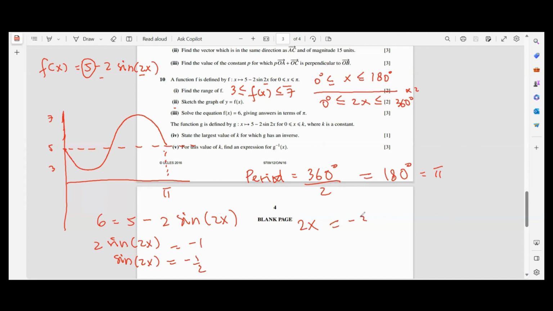So one is minus 30 degree. But for 2x we only have the positive, so we add 360 degree. So we got 2x equals 330 degree.